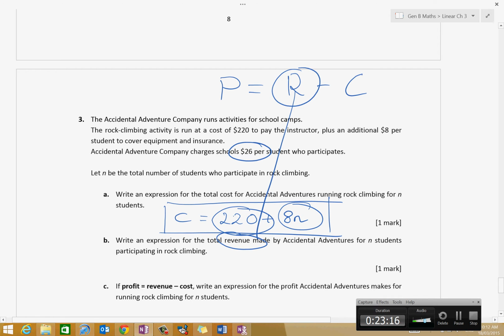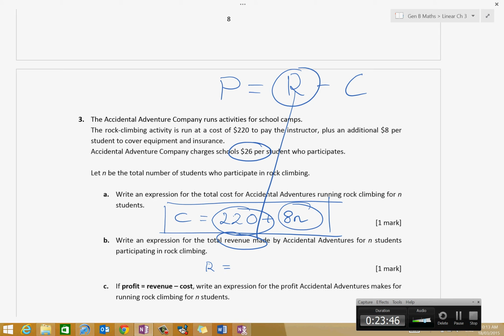So when it comes to revenue then, the revenue is equal to, well, how much money are they getting in? Harris, how much money are they getting in? What's the revenue equation? No, Harris. I want you to think about it. I'm going to wait for you. $26 per student.